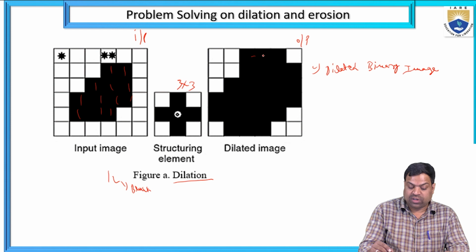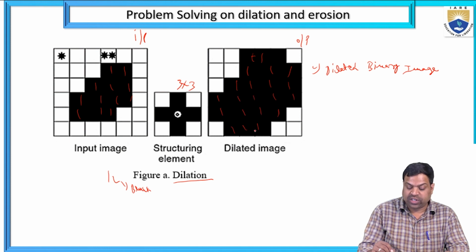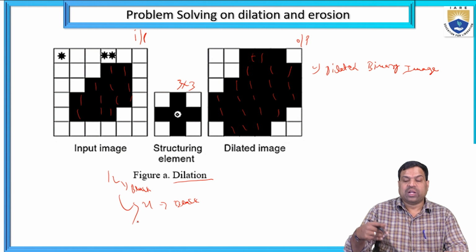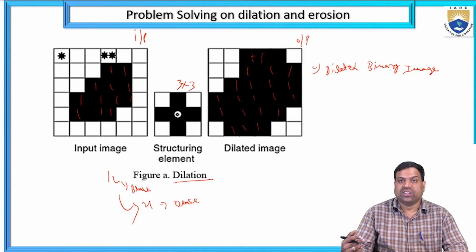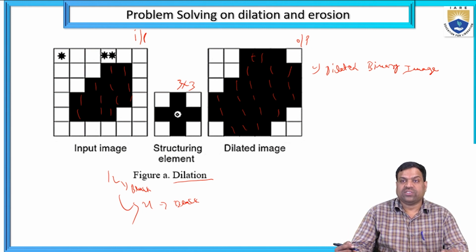But here 1, 2, 3 up to 21, so 21 black cells are there. What is happening? We increased the number of blacks, or decreased the white. That is the reason dilation is nothing but increasing the black.